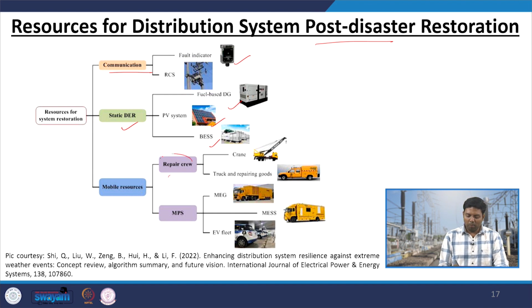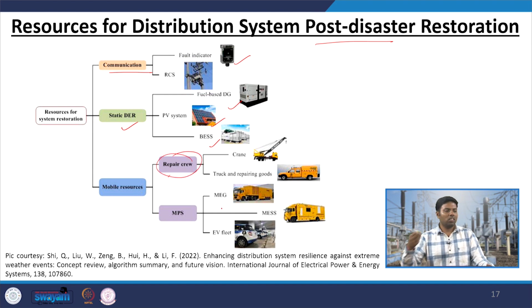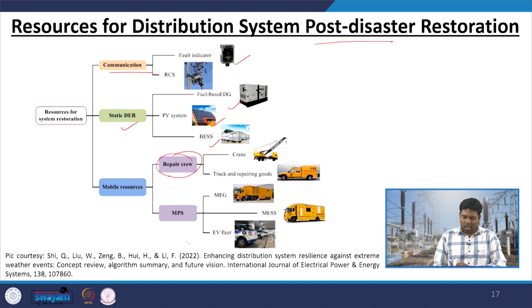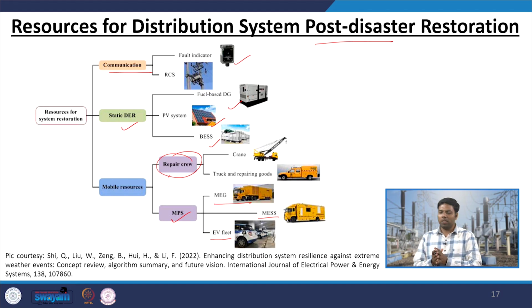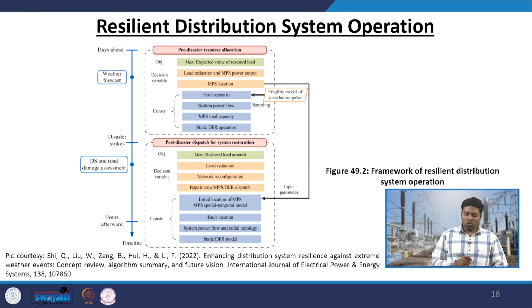Other than that, a repair crew will reach there and start restoring the services, rebuilding the towers or lines, and then you have mobile power stations, your ESS and the EV fleet, which are of very low capacity but will go there and give an emergency backup supply for the customers.